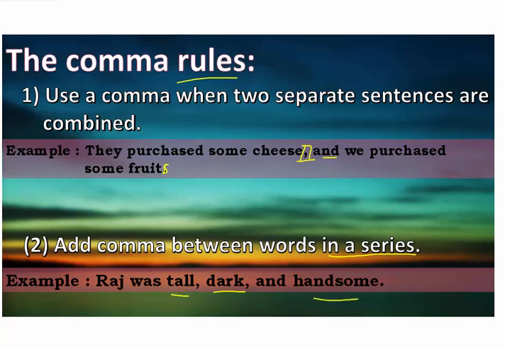In this case, we are using commas. That's what is meant by a series. He is tall, at the same time he is dark, and also he is handsome. So we are using commas: tall, comma, dark, comma, and handsome. Hope you can understand very well.